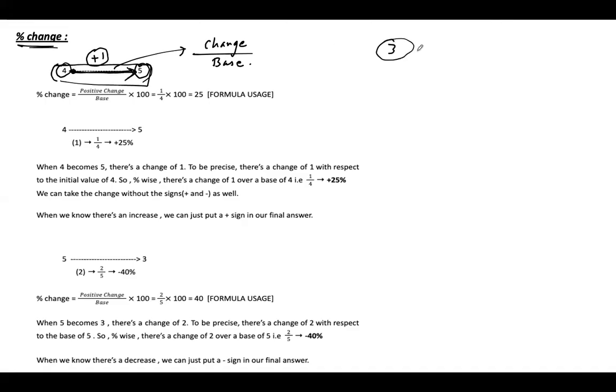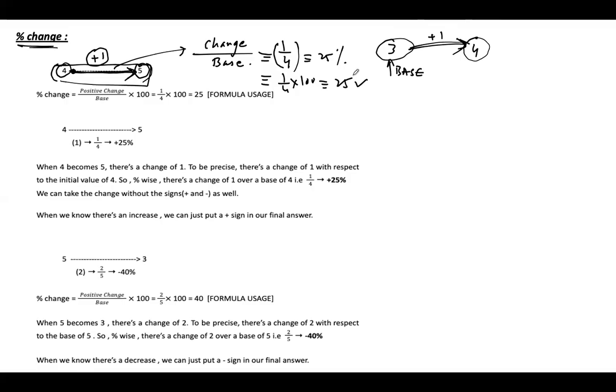See, arrows have a significance. For example, if I'm going from 3 to 4, that means this is my base and this is my final value. So what is the change? Here the change is 1 over a base of 4. If you know the percentage, then you could directly write 25%.